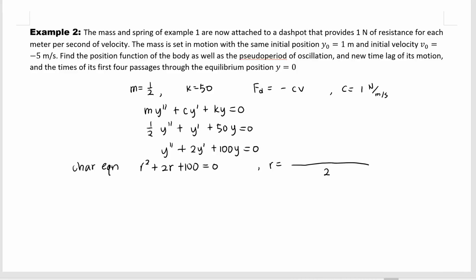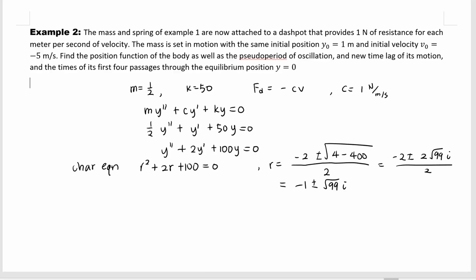Negative 2 plus or minus the square root of 4 minus 400, which is negative 396, that is negative 99 times 4. The square root of 4 is 2, and then the square root of 99 i over 2. So the answer is negative 1 plus or minus square root of 99 i.